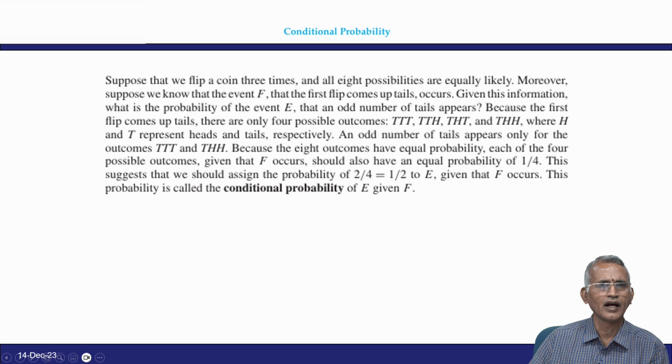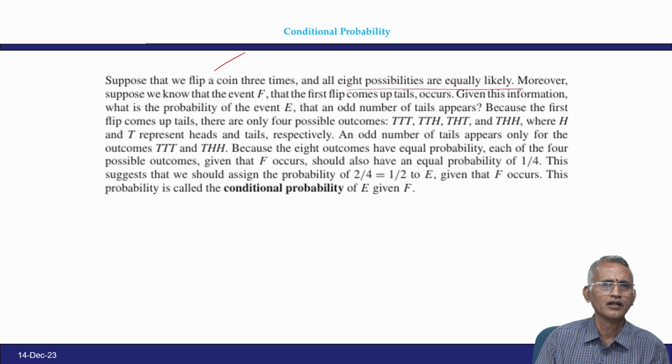Now we have to understand the meaning of conditional probability. Let us start with some understanding of the basic idea, so that you can easily understand conditional probability. Suppose that we flip a coin 3 times and all 8 possibilities are equally likely.